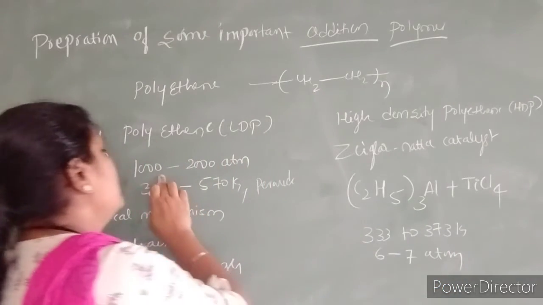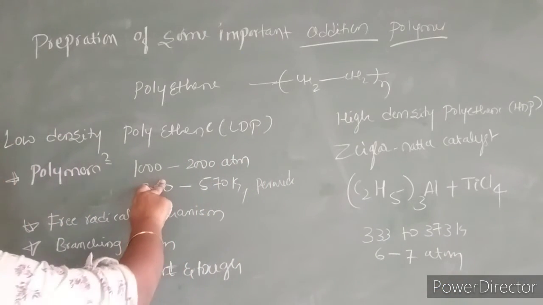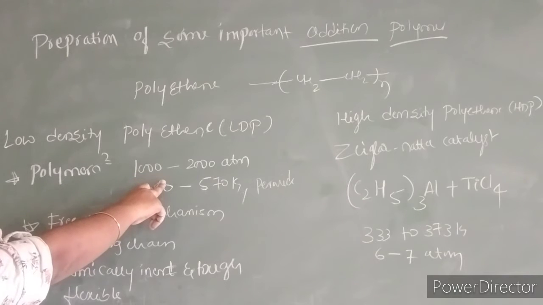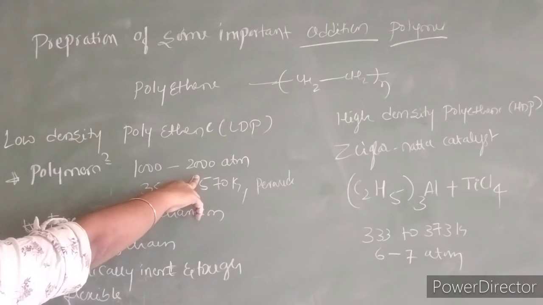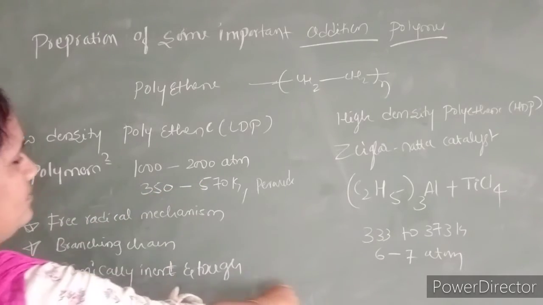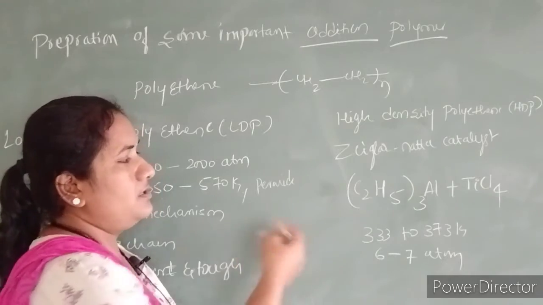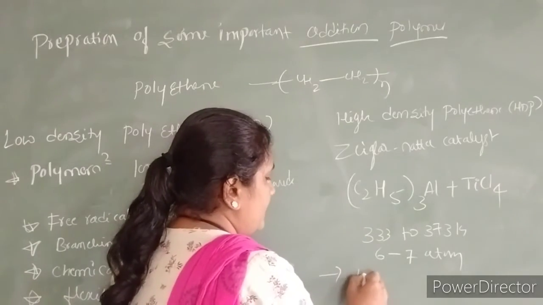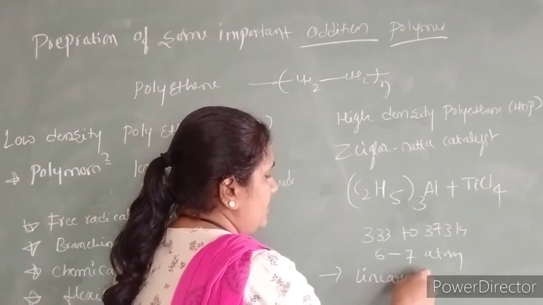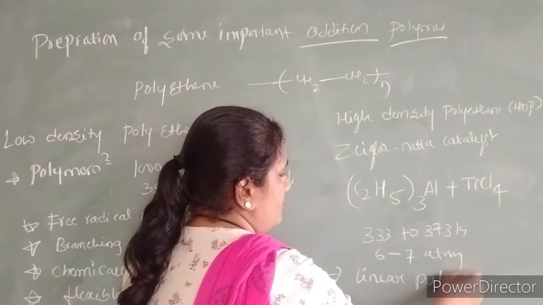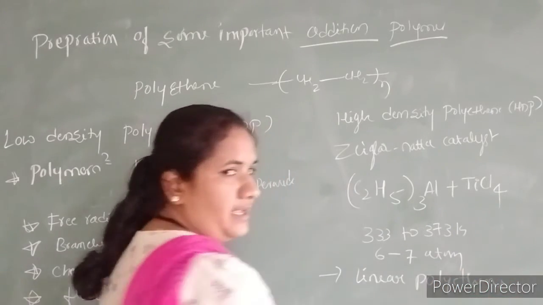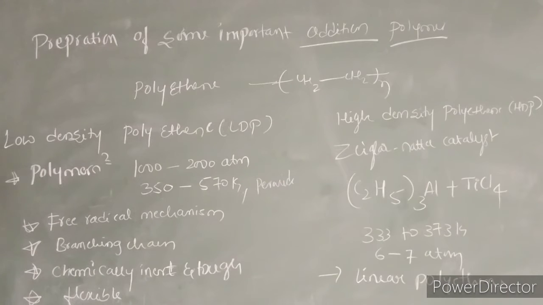But see here, in the case of low density we required about 1000 to 2000 atmospheric pressure, but here only 6 to 7 atmospheric pressure, and moreover we get linear polyethylene molecules. In the case of high density, we get the linear polyethylene molecule.